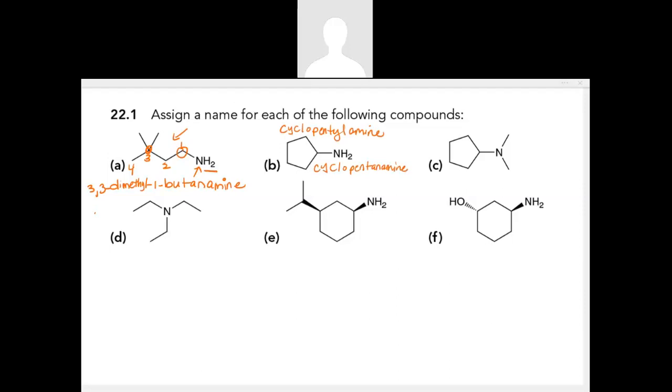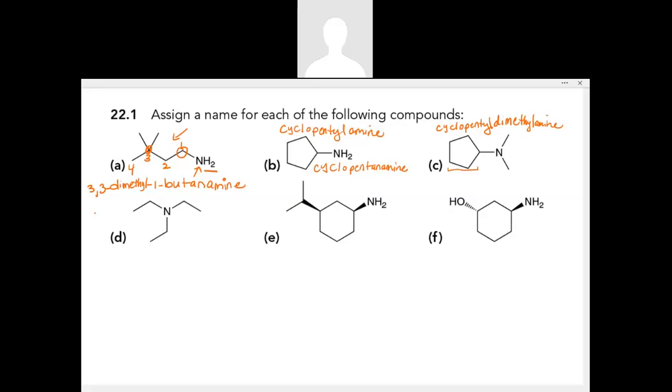For our third compound, C here, now we have a tertiary amine. We have 3 simple alkyl groups. So we can name this as an alkylamine. We could call this a cyclopentyl, and then we'll have dimethyl for the 2 methyl groups, amine. Or we can name this as having 2 substituents, and then this cyclopentyl group is our parent here.